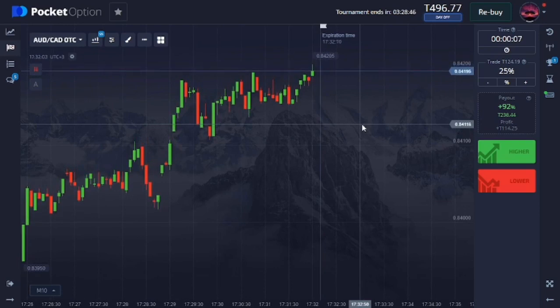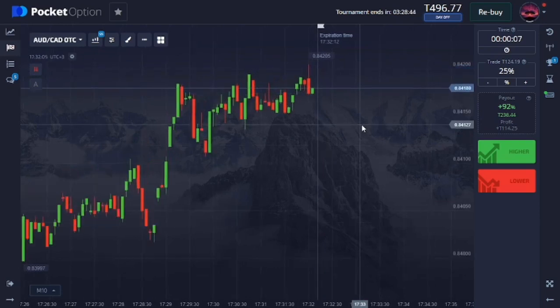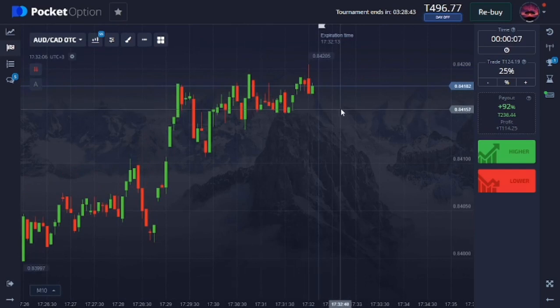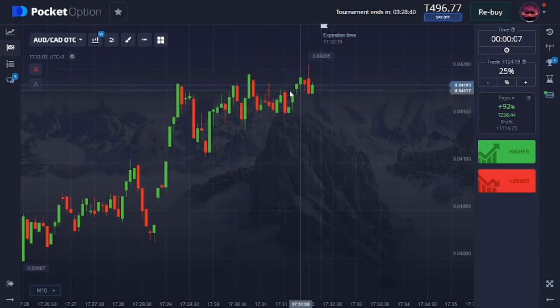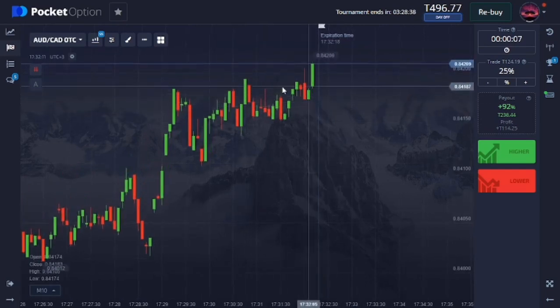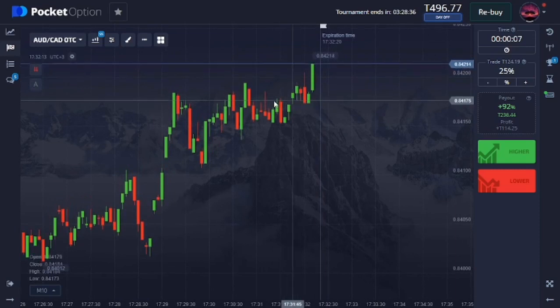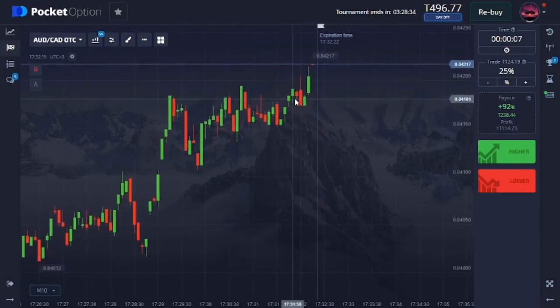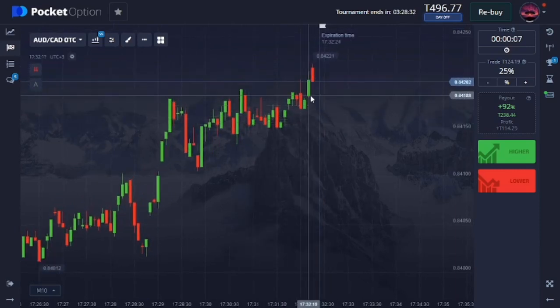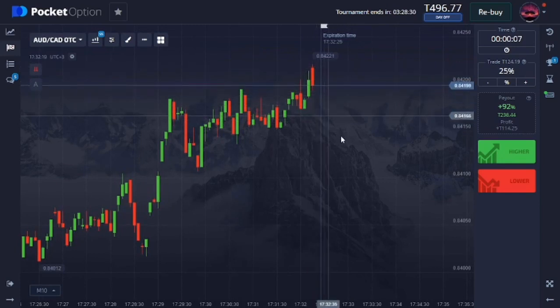That is not a good idea, because the price just consolidated a lot around this area. There is going to be some kind of breakout. It could be to the upside or it could be to the downside.